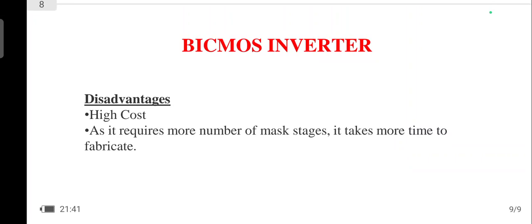So the fabrication costs are much higher than the individual technologies, and it requires many procedural steps, that means mask stages, because many steps are involved in the fabrication of the BiCMOS inverter. So it takes more time to fabricate, and it requires a careful method of investigation while manufacturing that particular BiCMOS device. Thank you so much.